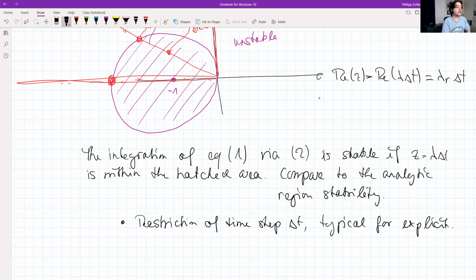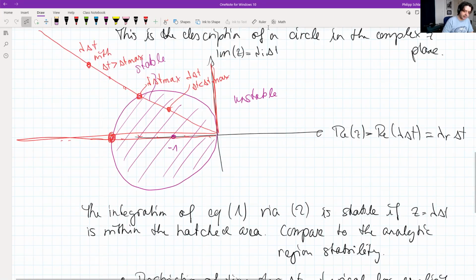In homework number 2, you will do the same type of plot for an explicit Runge-Kutta scheme, and then you will see similar types of graphs. They will have slightly different shapes, but it's the same idea. You will have some area on the negative real half plane, and the size and the shape changes a little bit depending on the method, but the basic idea is the same.